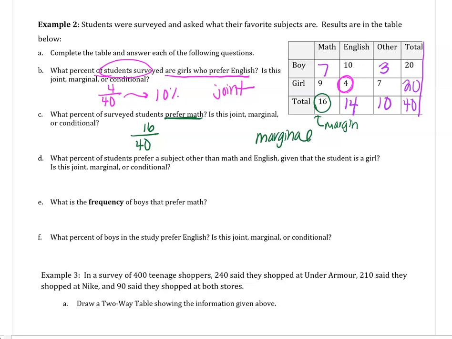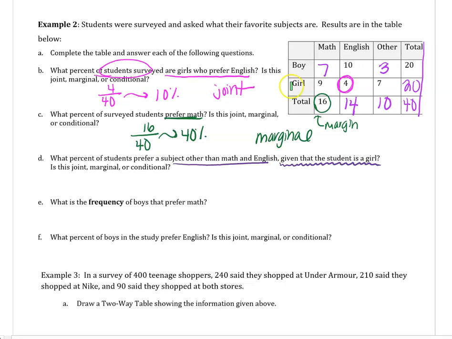So sorry, 16 divided by 40 would be 40% if you divided them and multiplied by 100. What percent of students prefer a subject other than math and English, given that the student is a girl? Okay, that's really important.